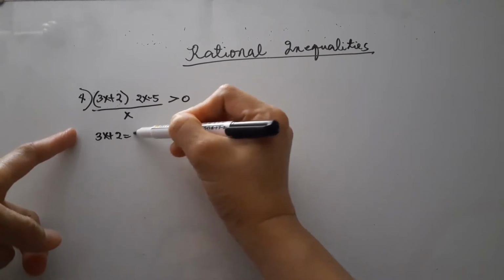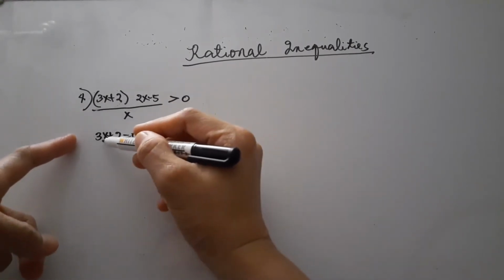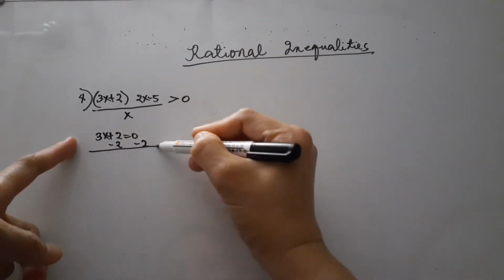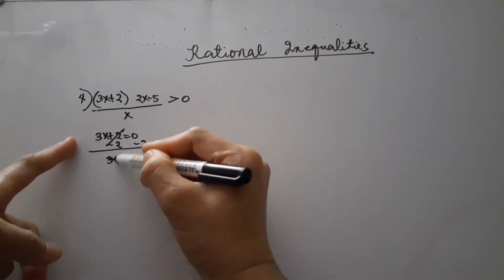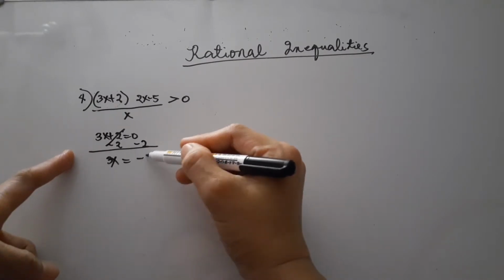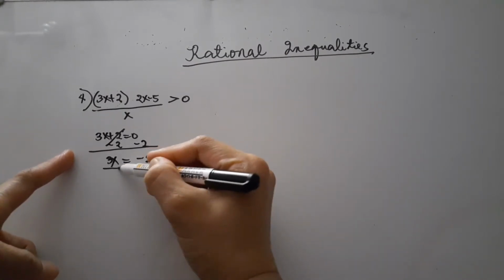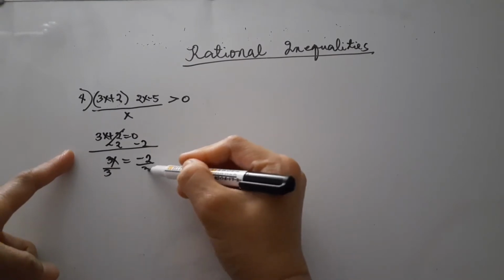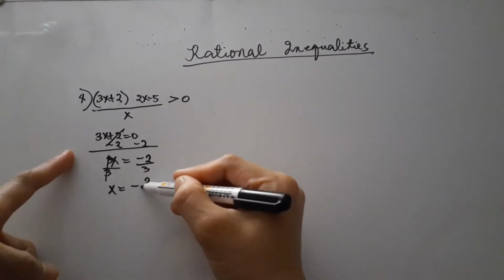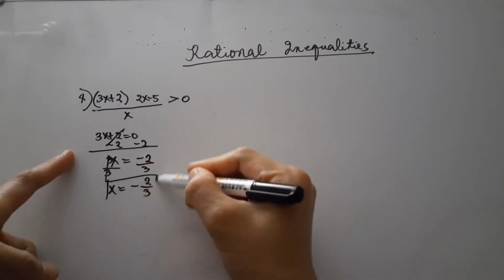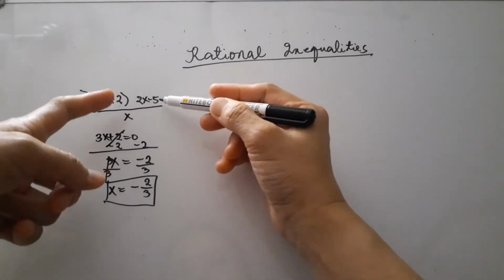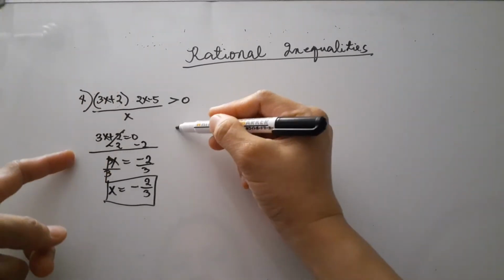So we have 3x positive 2 is equal to 0. Then we subtract each side by 2. Then 3x is equal to negative 2. And then we divide each side by positive 3. So the value of x is negative 2/3. And then in the second factor, we have 2x negative 5 is equal to 0.